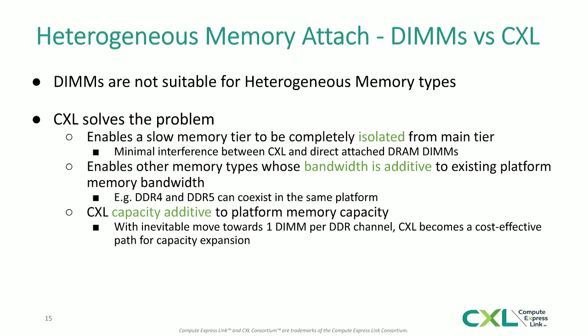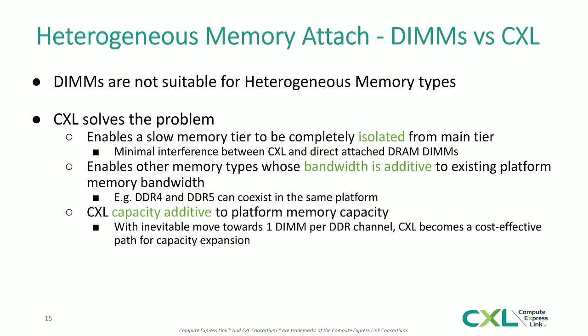And this is a much simpler approach than trying to continue to scale DDR channels. It also provides a secondary benefit, because now we can do things like have one platform support direct attached DDR5, but also have DDR4 on the same platform for bandwidth expansion for specific use cases.